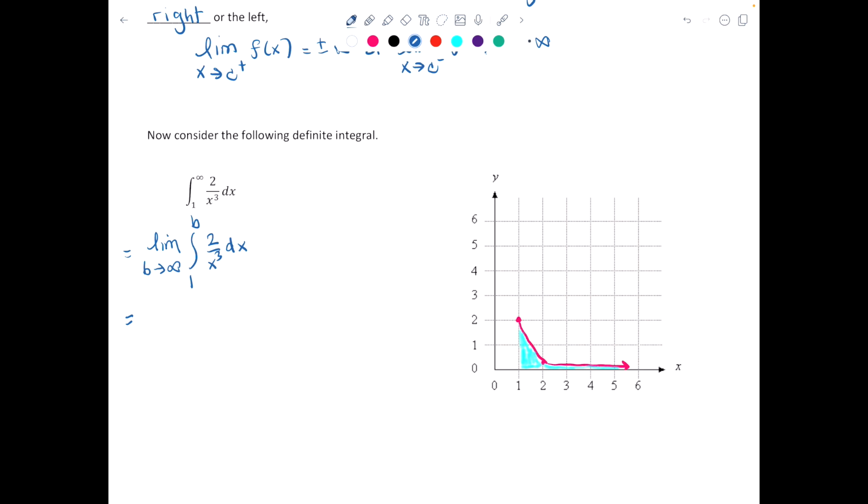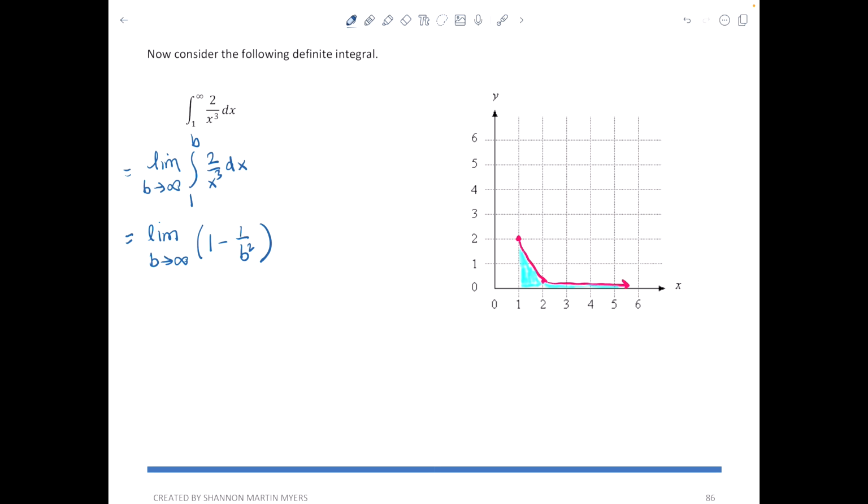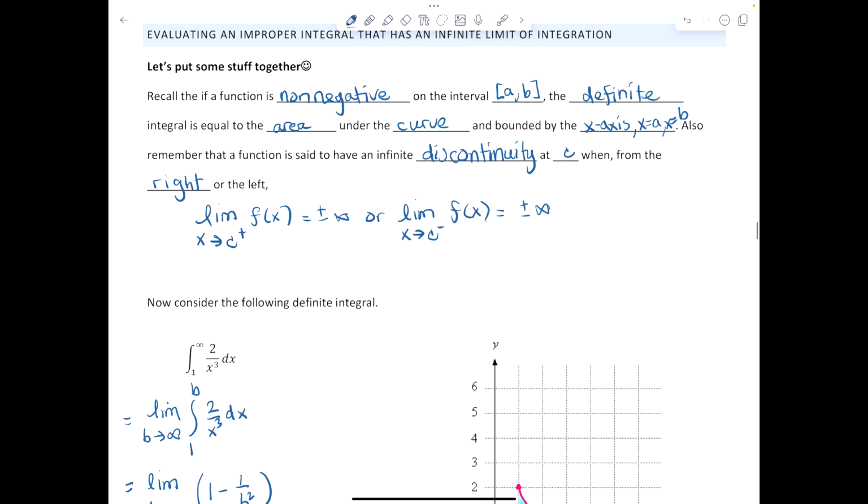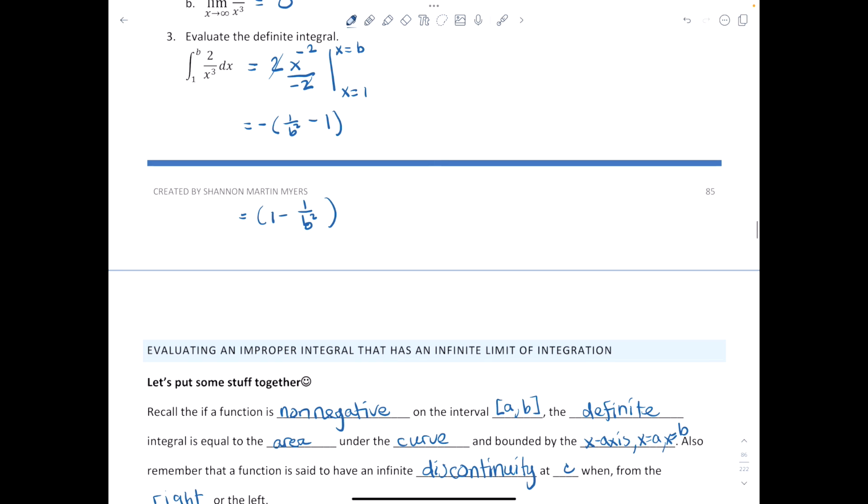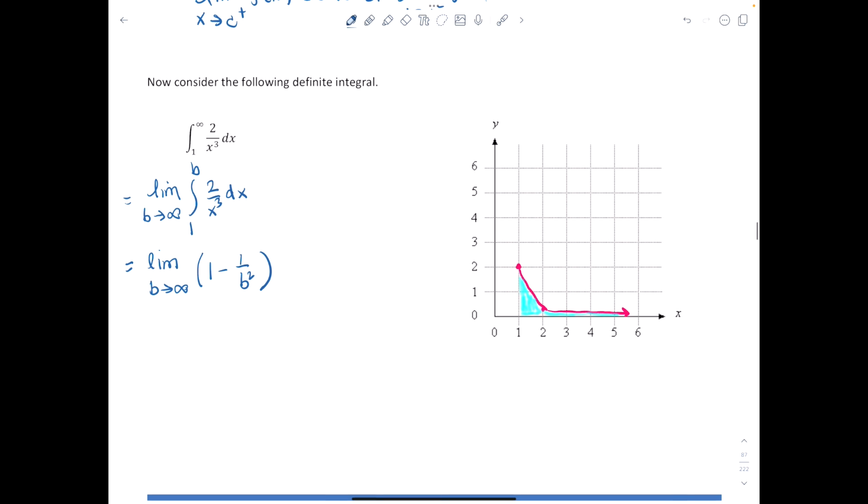This in turn will equal the limit as b approaches infinity of, so we know that we got 1 minus 1 over b squared from our warm-up work. And remember, we did the work in the warm-up problem, all right? So here, what will this limit be?